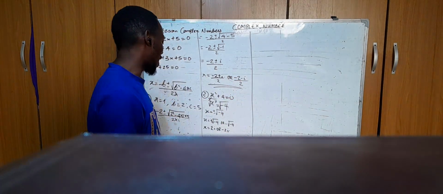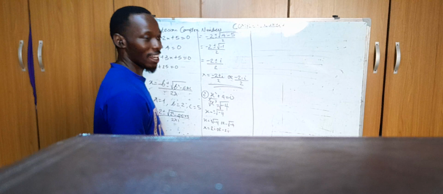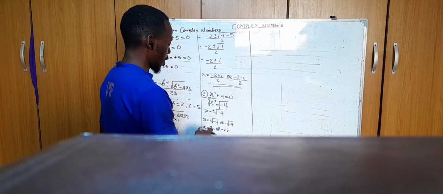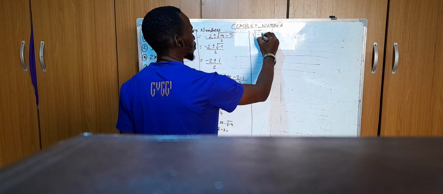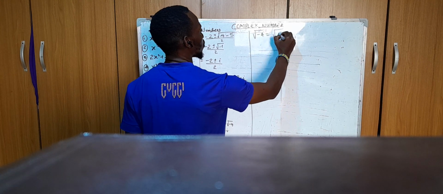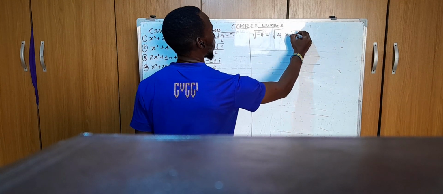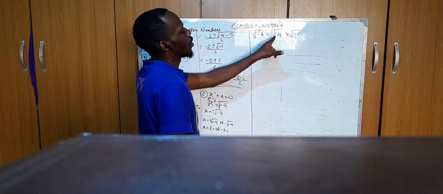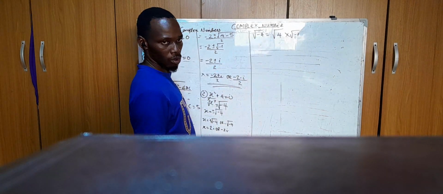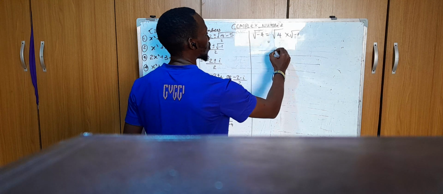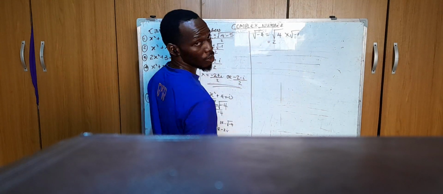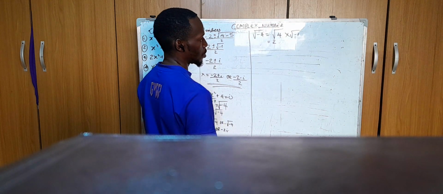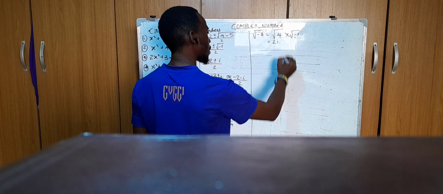I know some of you are like, how do we get 2i? Okay, let me just break it down here. The square root of minus 4 is the square root of 4 and the square root of minus 1. 4 times minus 1 is minus 4. Alright, the square root of 4 is 2. The square root of minus 1 is i.